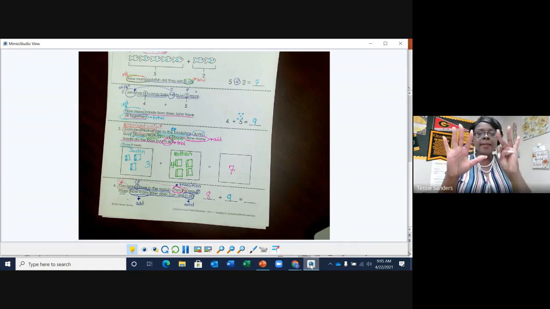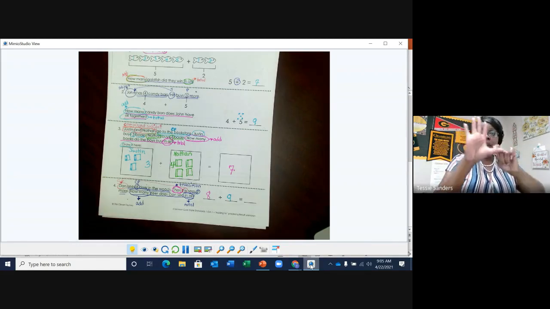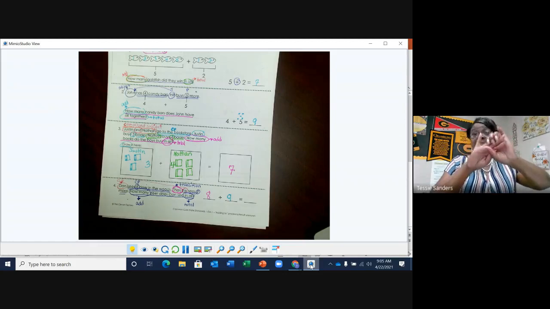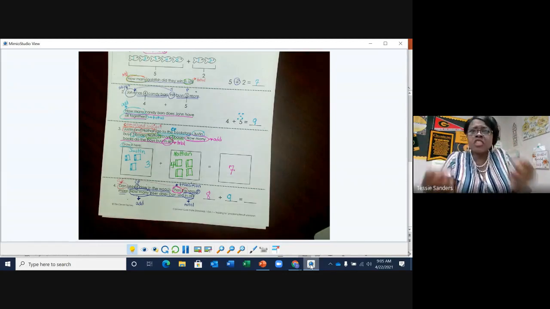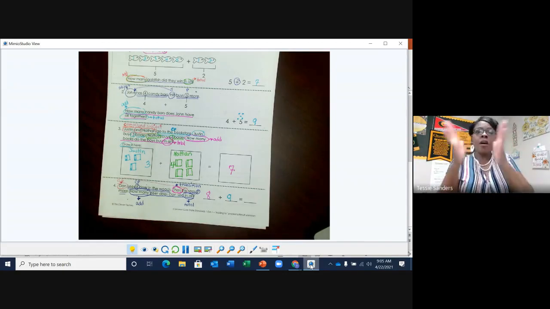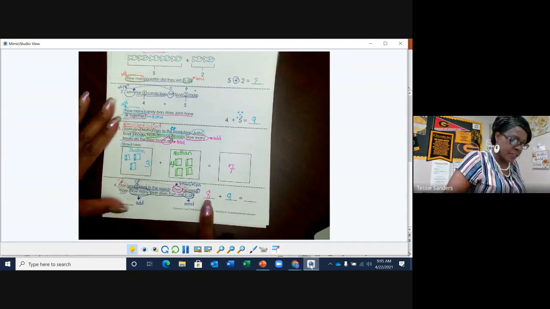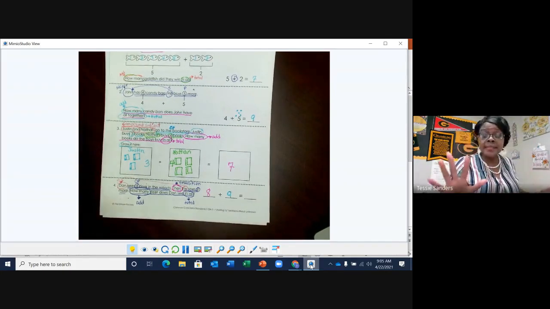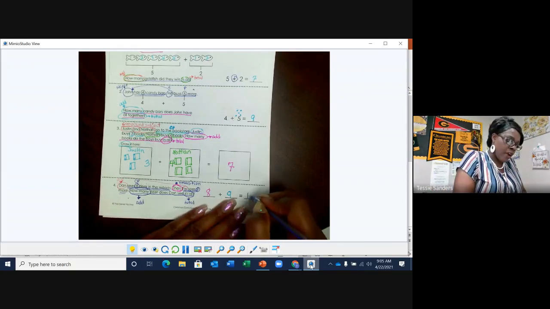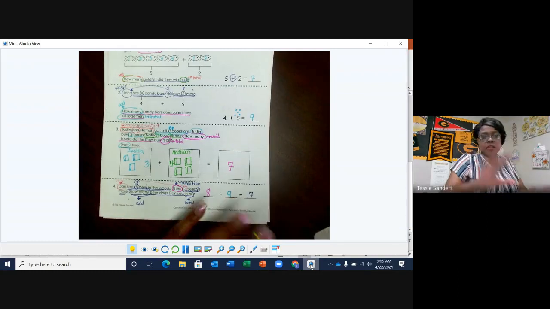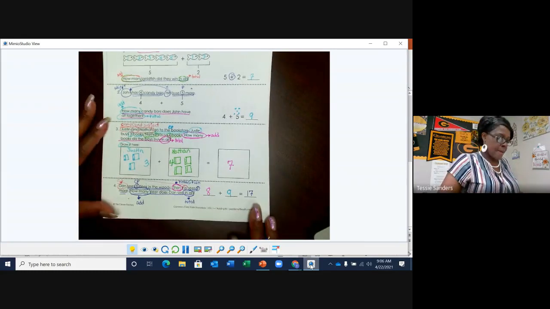Count. 9, 10, 11, 12, 13, 14, 15, 16, 17. See, they touched it. They know conclusively that 8 plus 9 is what? 17. I love it. Write your 1 and write your 7. And I cross the 7. I make a French 7.